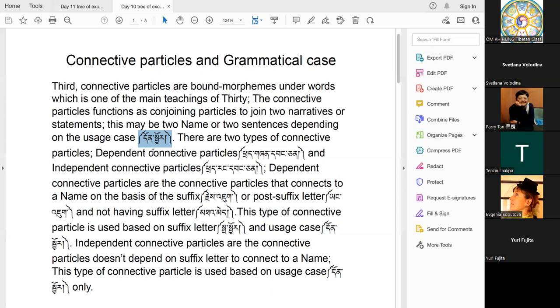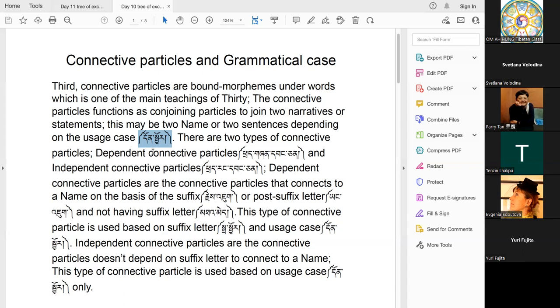Dependent on external factors, which are neither the connective particle nor the usage case. So it's dependent on those circumstances. And independent connective particle, rangwa means independent, meaning the leverage or the ability to decide or to follow is within the particle itself. So independent, so not dependent.